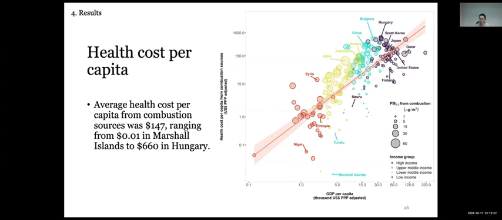If you look at this figure on the right-hand side, the log transformed health cost per capita from combustion sources was positively linearly correlated with the log transformed GDP per capita. It basically means that the higher the GDP per capita, the higher the health cost per capita from combustion sources.